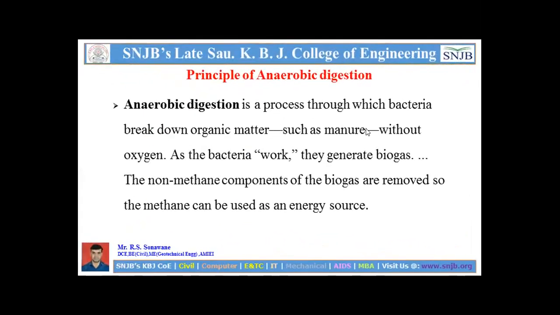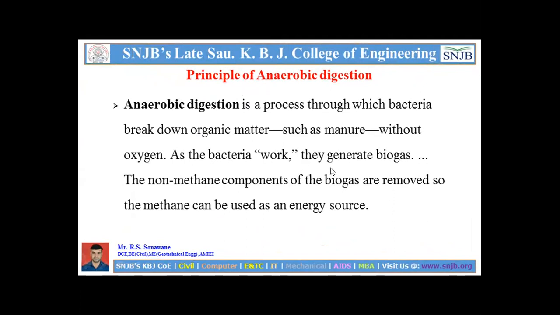So what is the principle of anaerobic digestion? We can see here anaerobic digestion is a process through which bacteria break down organic matter, such as manure, without oxygen. Bacteria help to break down the organic matter into different compounds without oxygen.